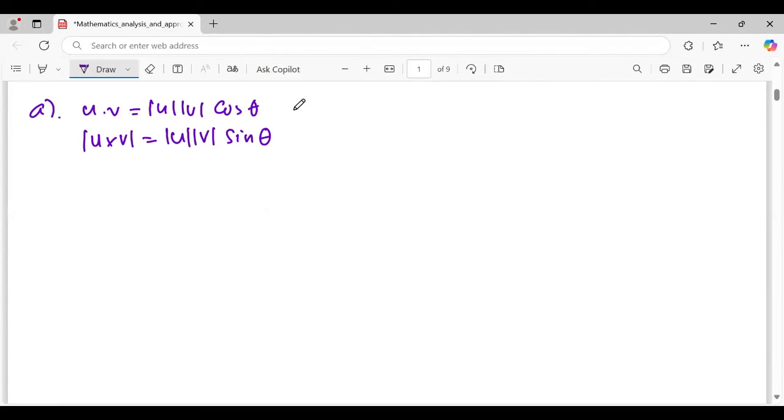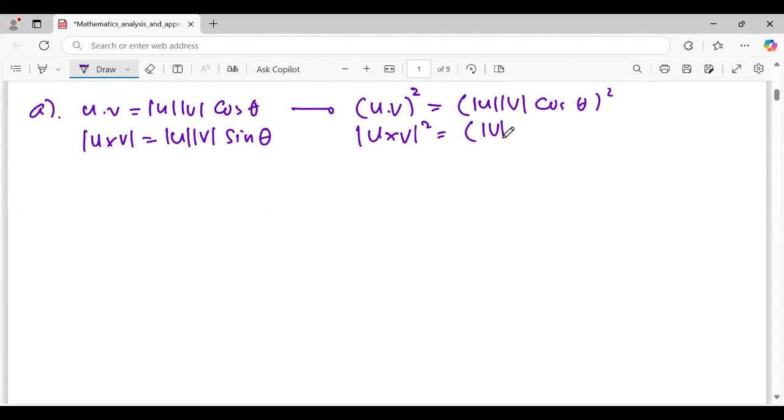So it implies u dot v squared equals modulus u modulus v cosine theta squared, while modulus u cross v squared is modulus u modulus v sine theta squared.